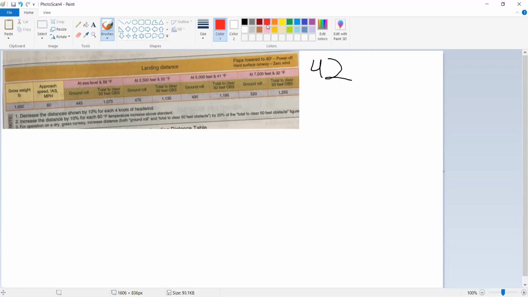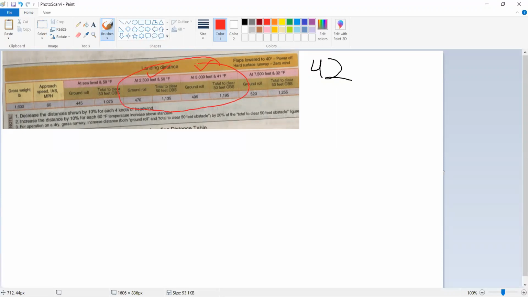It involves this box because of the temperature, the 50-foot, but it also involves this box because of the pressure altitude. And because of using these two boxes, we need to do another average or mean. So let's go ahead and do that.